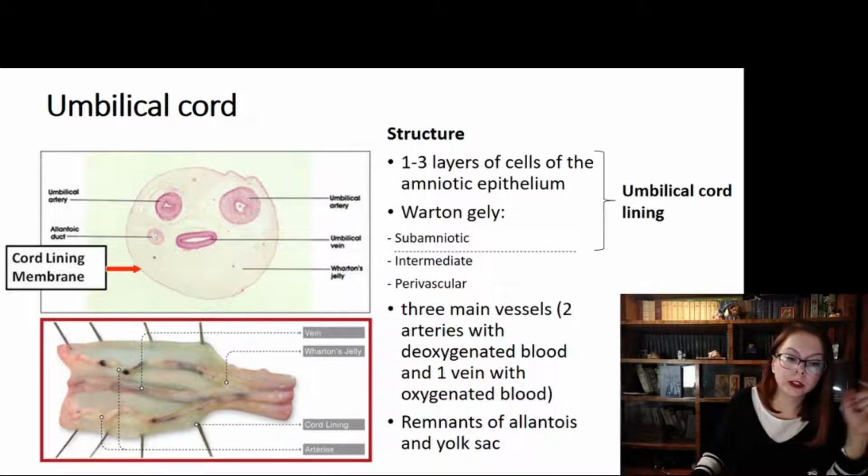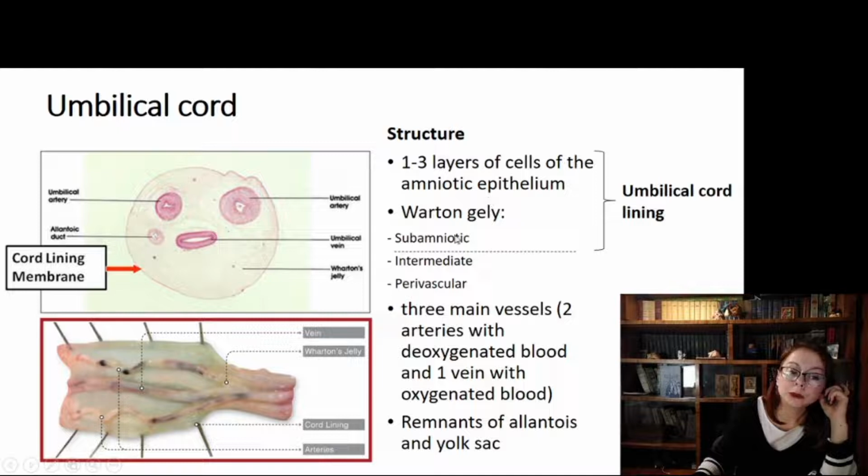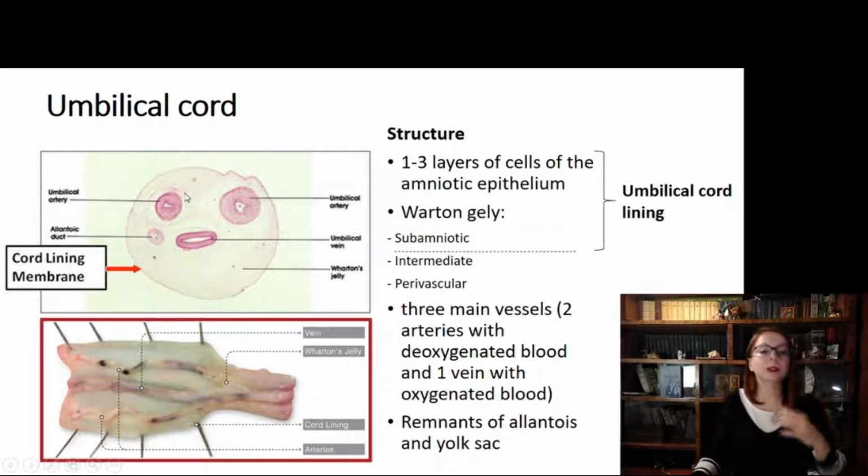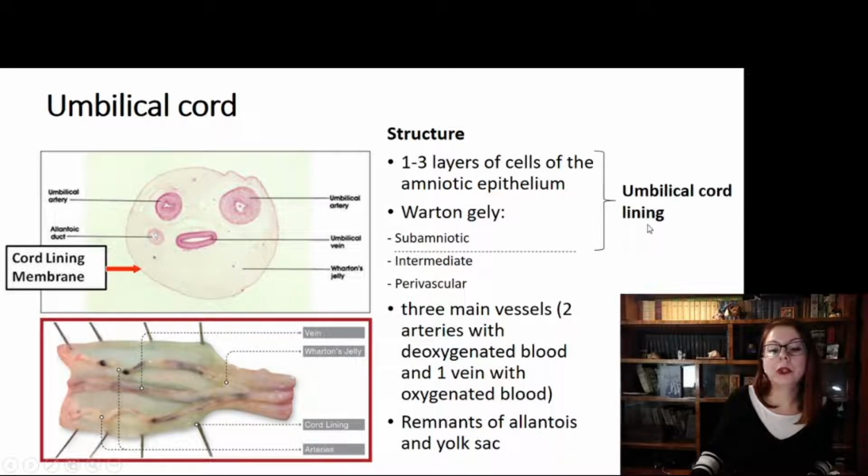So Wharton's jelly could also be subdivided into subamniotic, just under the amniotic epithelium, then intermediate and perivascular, surrounding the vessels which are present inside the umbilical cord. And very important, we consider here the umbilical cord lining, which is represented by the superficial layer of the Wharton's jelly and amniotic epithelium.